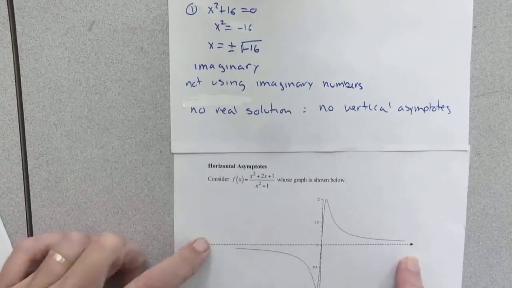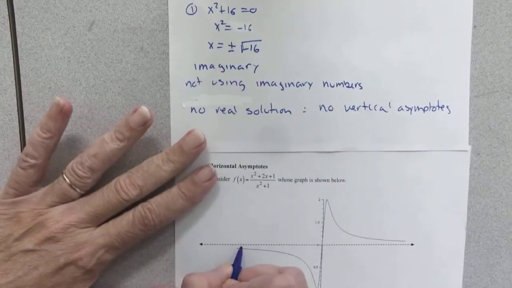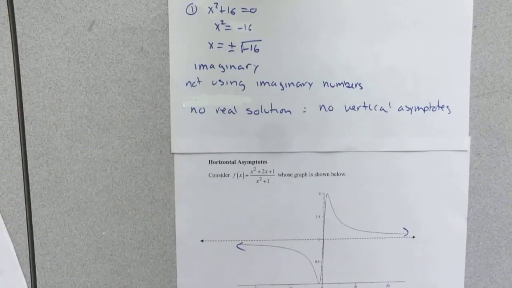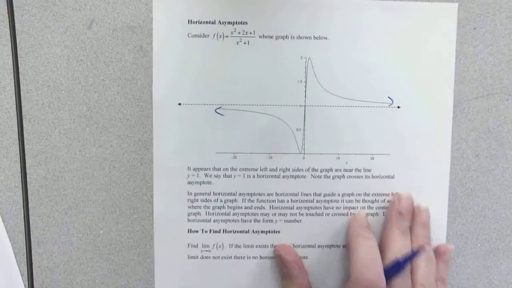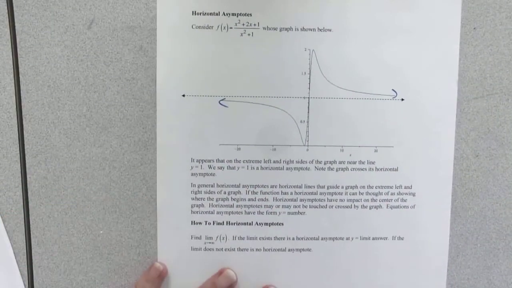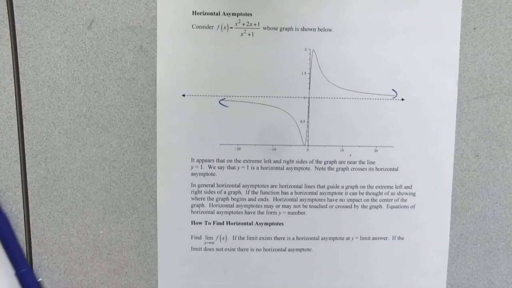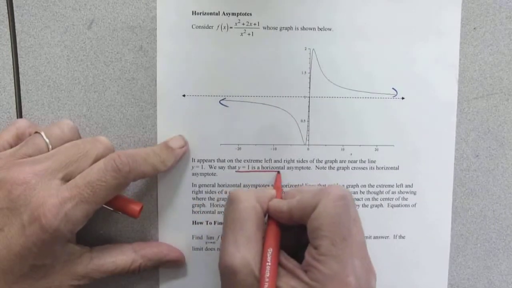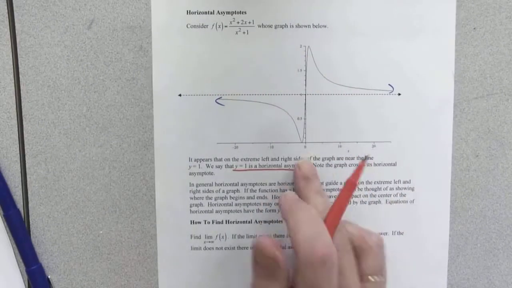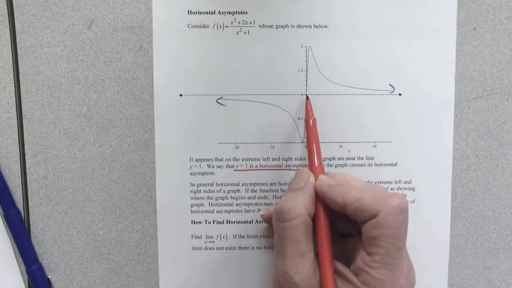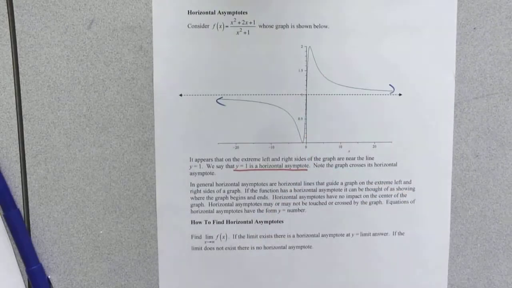And this line that goes right in the middle here, at y equal 1, that's going to be my horizontal asymptote. And that's what it says down there. It appears the extreme left and right sides of the graph are near y equal 1. Y equal 1 is a horizontal asymptote. And note, the graph is crossing the horizontal asymptote. It happens to cross right about there at the point 0, 1.